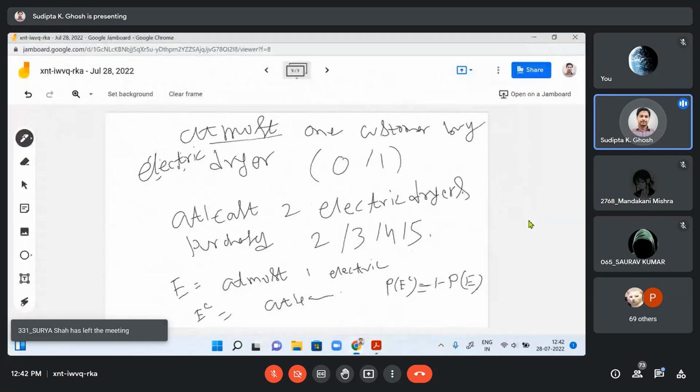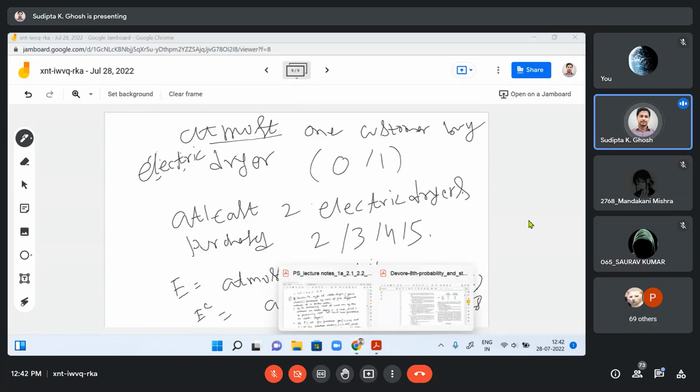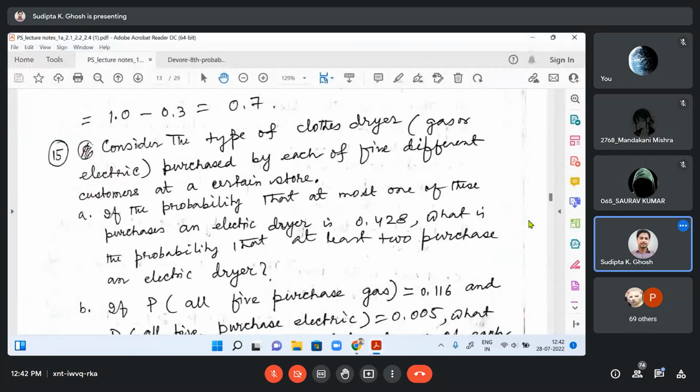So 1 minus 0.428 gives the probability of E complement, that is, at least 2 electric dryers purchased. That is your question, the main thing they have asked: what is the probability that at least 2 purchase an electric dryer?